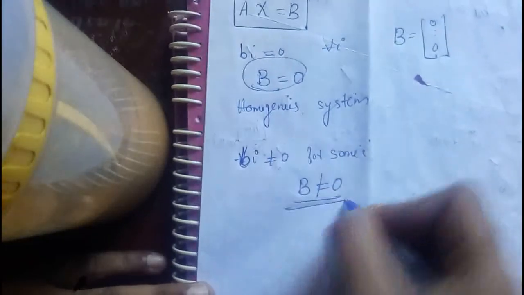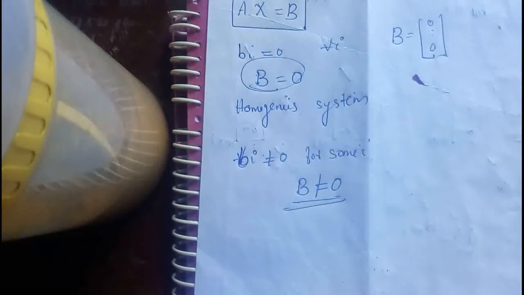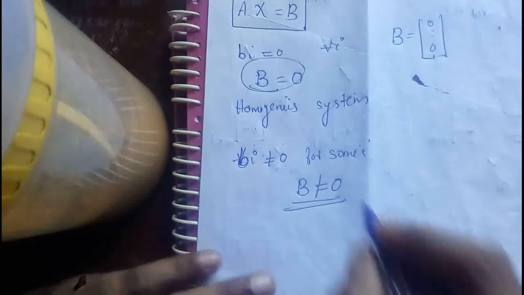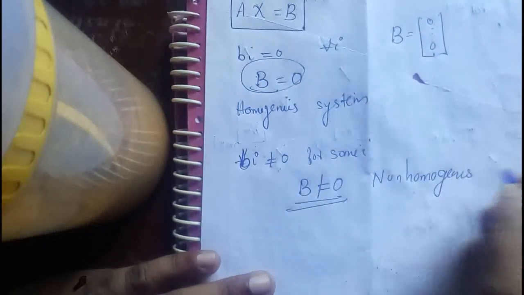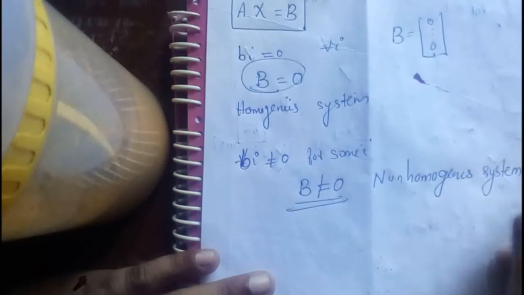B not equal to 0 means some bi is not equal to 0, and then such a system is a non-homogeneous system.